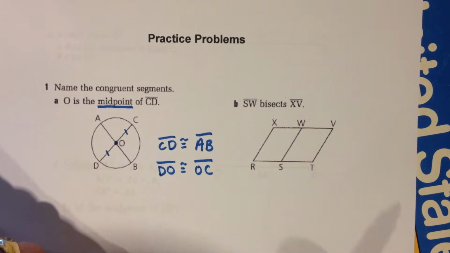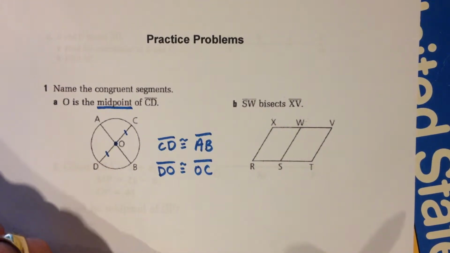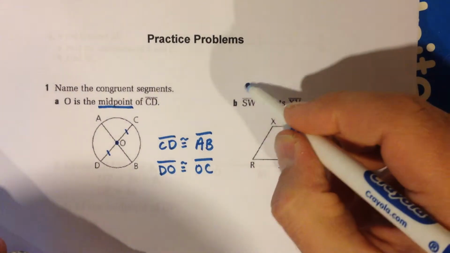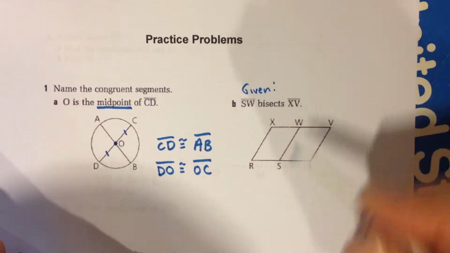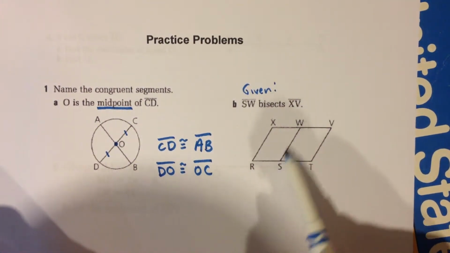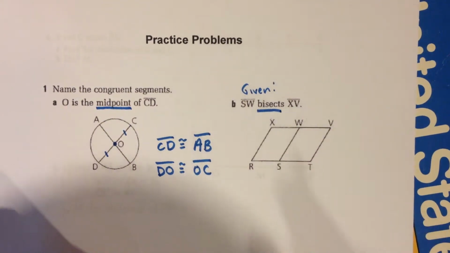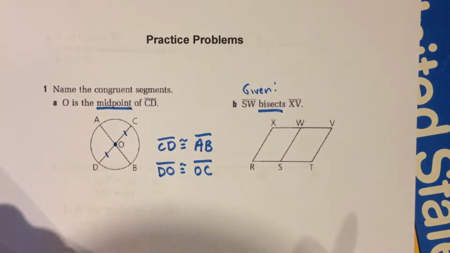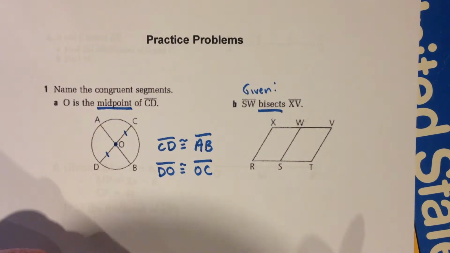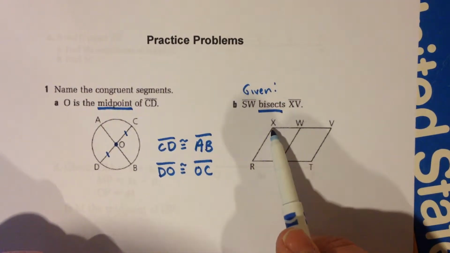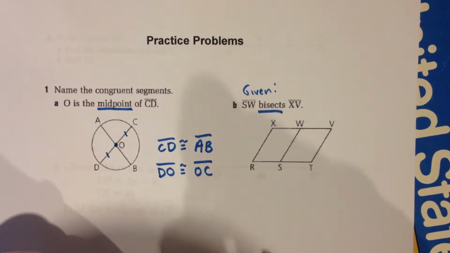Now the next problem, we're still naming the congruent segments. This is your given. You're given that SW, this segment, bisects. What does that mean? You have to look that up if you don't know. Bisecting means cuts in half. It cuts XV in half.